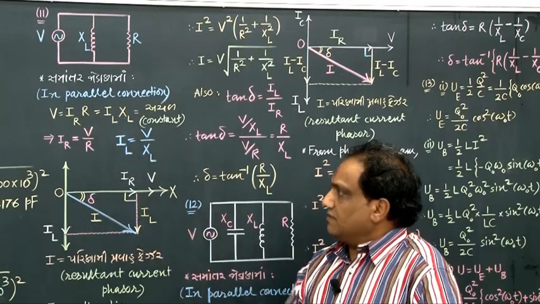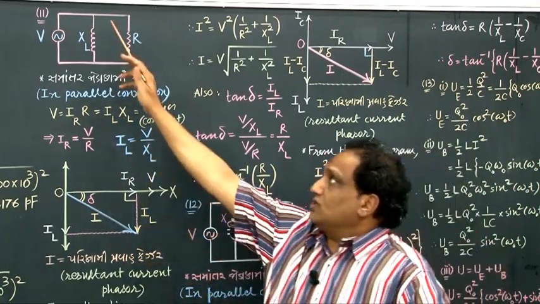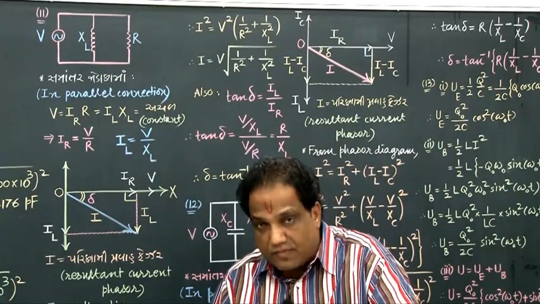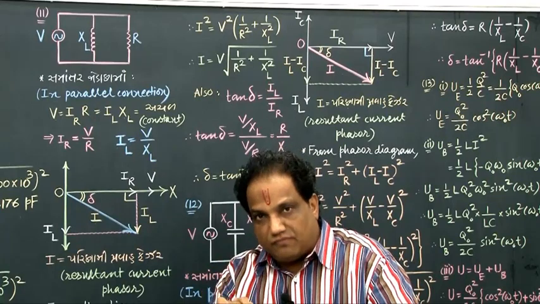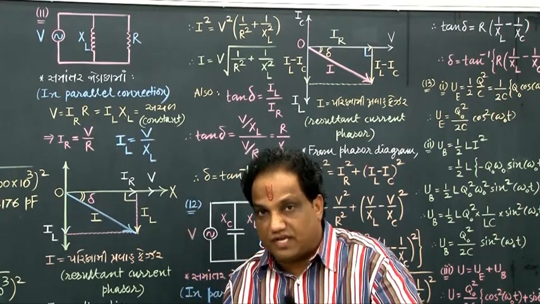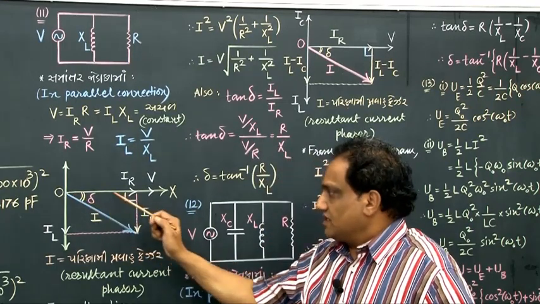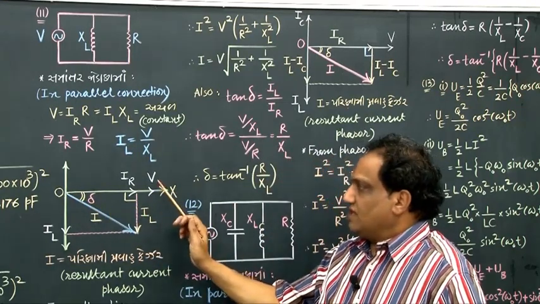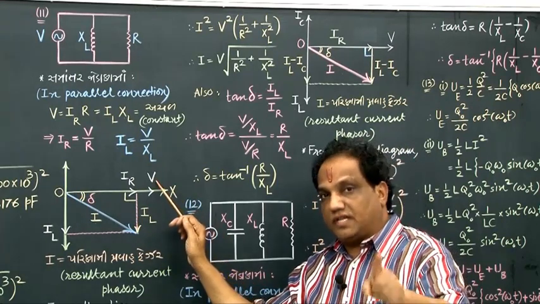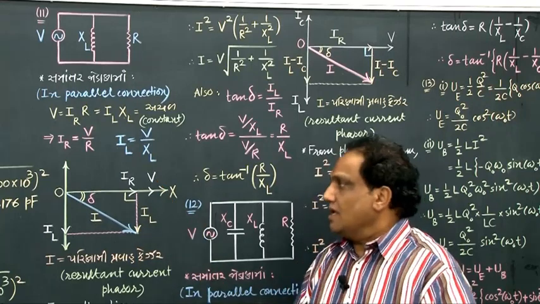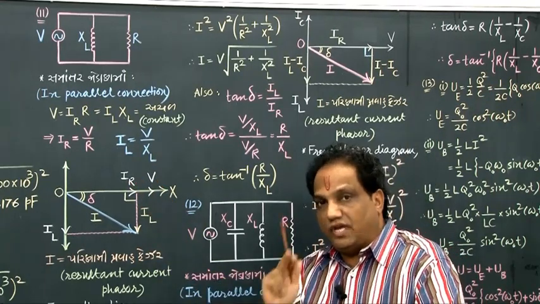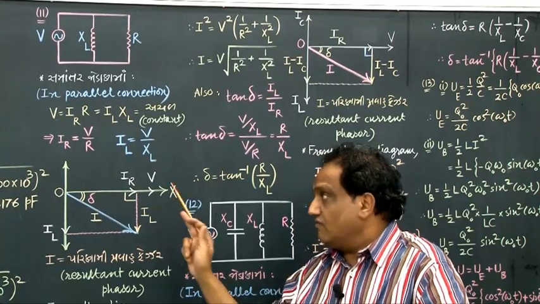Now tell me, because these two components are connected in parallel, voltages would be the same, and whichever quantity is the same, that quantity should be shown by a phasor along the positive x-axis. This is the positive x-axis. So the voltage phasor I am showing along the positive x-axis because the voltage across the resistor and inductor is the same. Now, as far as the current passing through the resistor is concerned, you know it oscillates in the same phase with the voltage.